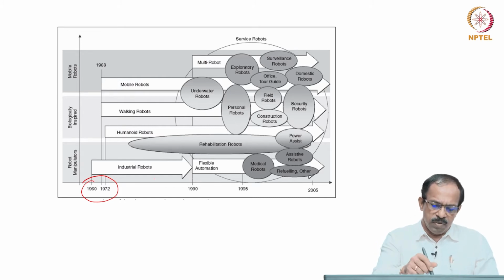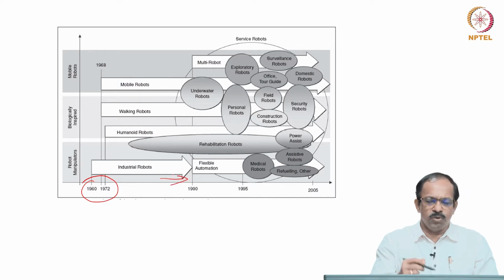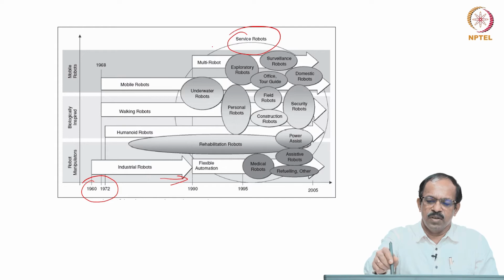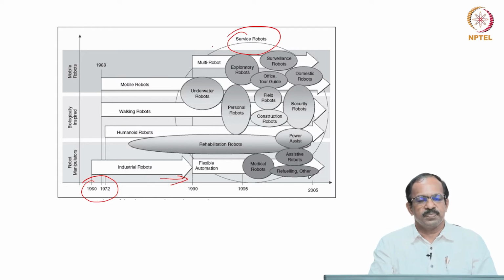Over a period of time, we had a lot of development in the case of industrial robots, and a lot of technologies were developed. Later on, we realized that we are still not able to go close to humans with the industrial robot, and that's where we got service robots, or what we call field and service robots.